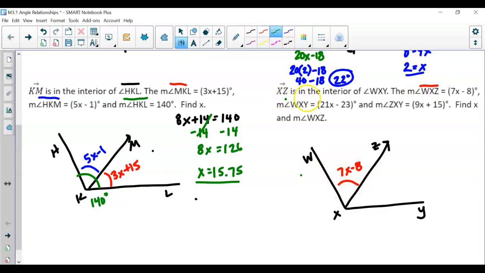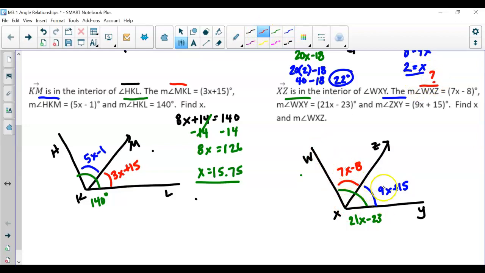Then you've got WXY, which is the entire angle, as 21x minus 23. Then here you have ZXY, which is this angle here. You should have labeled as 9x plus 15. You had to solve for x and solve for the angle WXZ. So we're looking for WXZ, which is our red here. So keep that in mind. That is also our question.